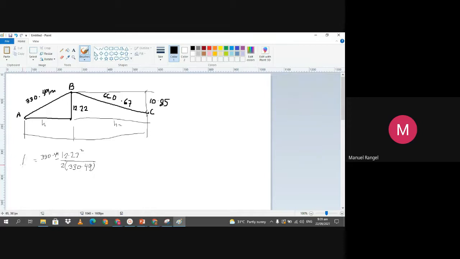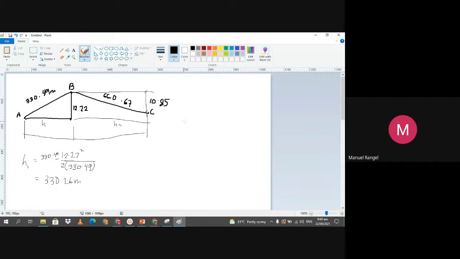So the value of H1 is equal to 330.49 minus 12.22 squared divided by 2 times 330.49, which is 330.26 meters. So that is the horizontal distance from point A to point B.